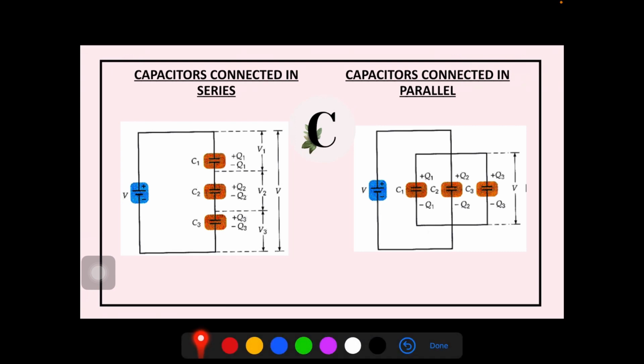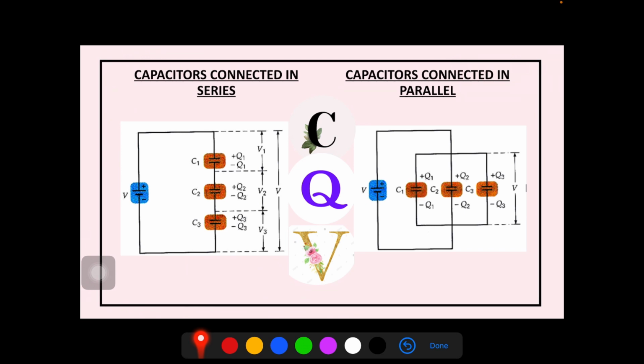In this topic, you're going to see frequently the symbol C referring to the capacitance, the symbol Q referring to the charge for one plate of the capacitor, and V referring to the voltage of the capacitance.